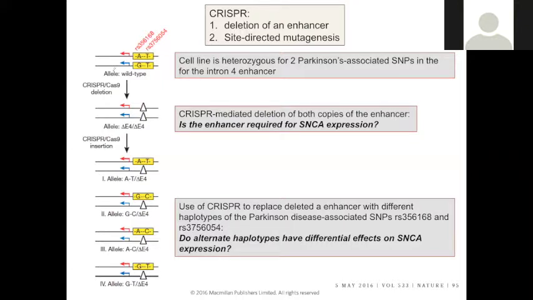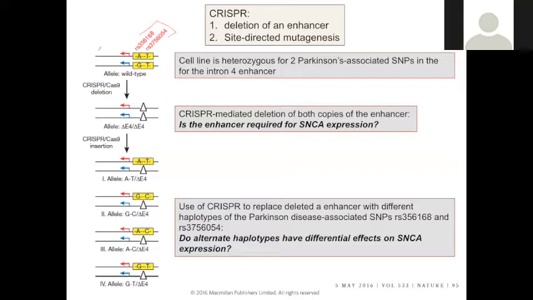In this diagram is shown a series of experiments that were done by the authors to test the function and role of the enhancer in the intron of the alpha-synuclein gene. What we see at the top are two SNPs, shown in red, that have been identified in genome-wide association studies and which map to the putative enhancer.